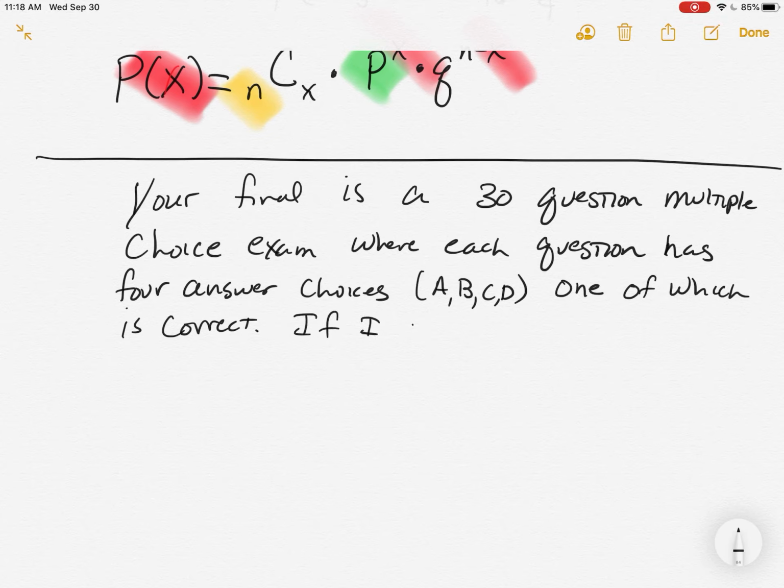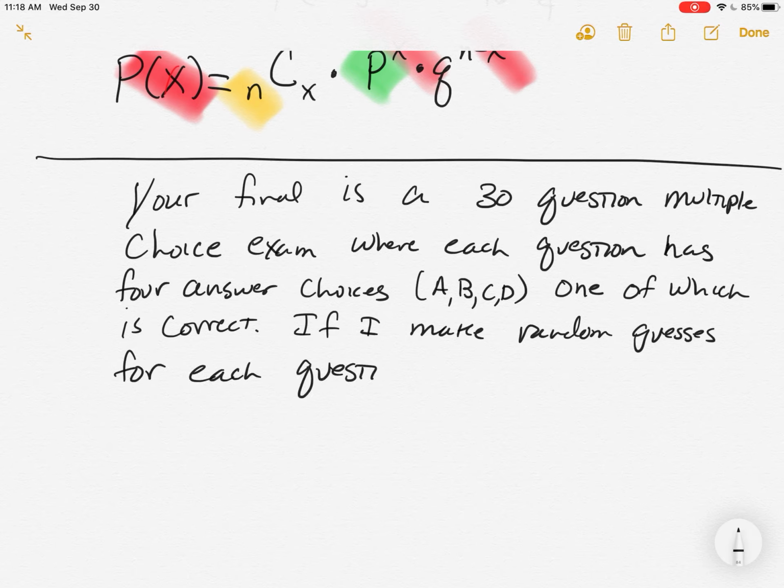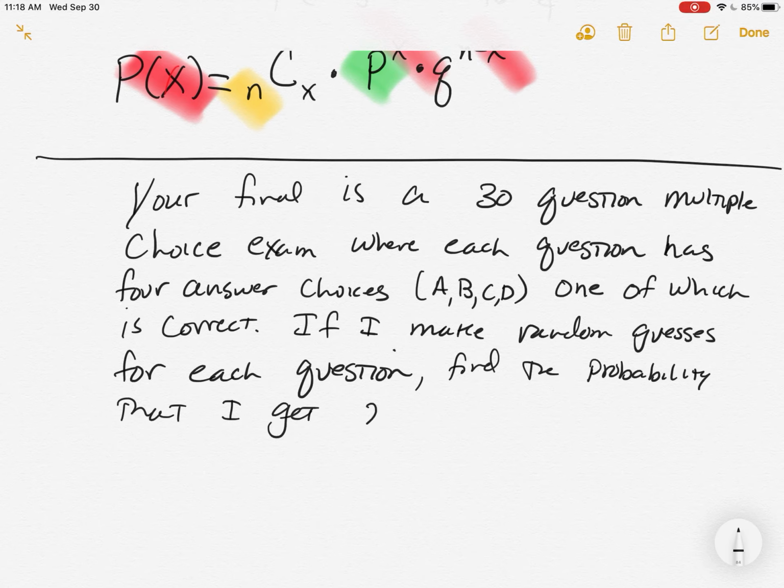If I make random guesses for each question, so I'm not even looking at it, I'm just stating an answer, find the probability that I get 20 correct. Okay, and so get exactly 20 correct.